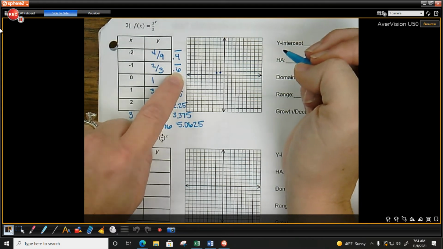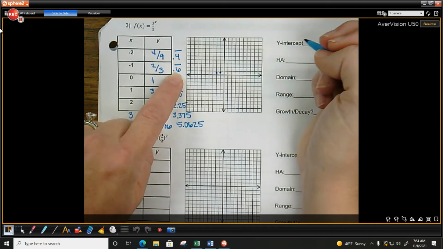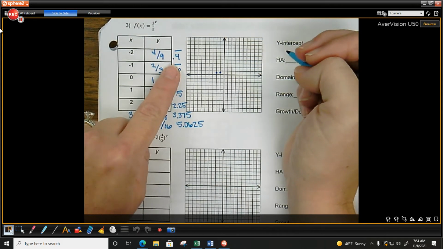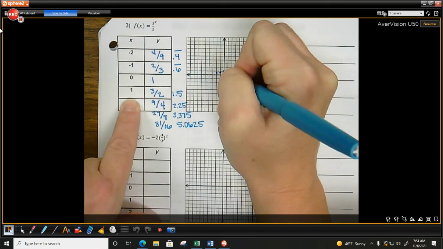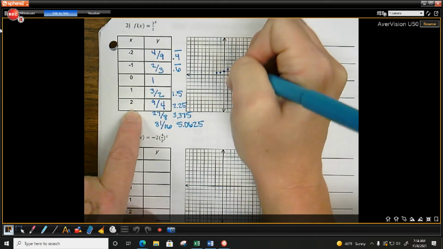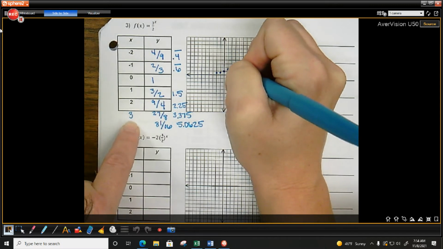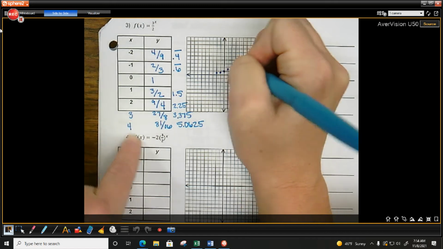Yes. Does 0.4 need to be lower than 0.6? Yes. Okay. So then 0, 1. 1 and 1.5, 2 and 2.25, 3 and 3.375, and then 4, and then that's basically 5.